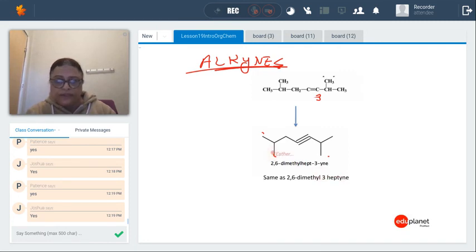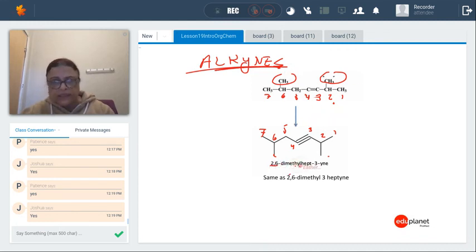So if this is carbon 1, and this is carbon 2, and this is 3, and this is 4, and this is 5, and this is 6, and this is 7. Just like here, that's the same thing. I just drew it differently. Then I have the substitution of the methyl at carbon 2 and at carbon 6. So this will be 2,6-dimethyl-3-heptyne, or 2,6-dimethylhept-3-yne.